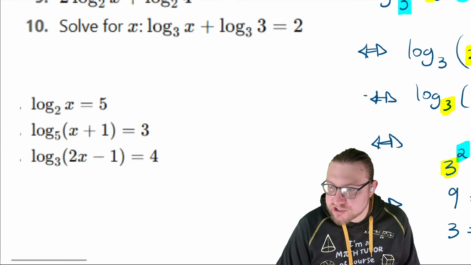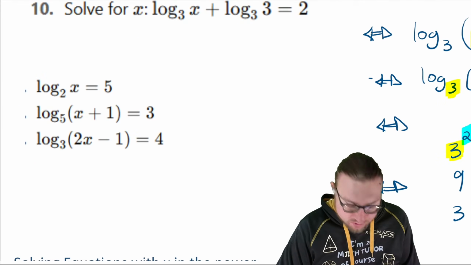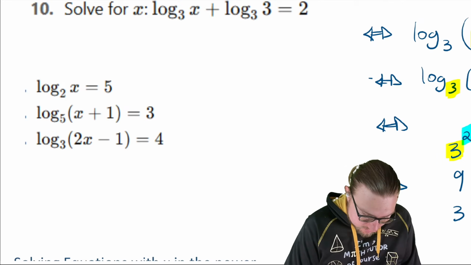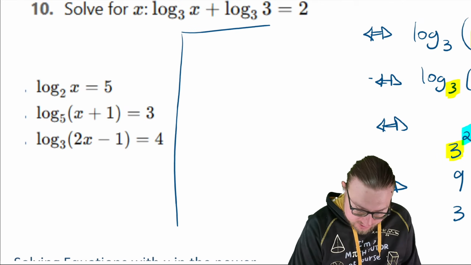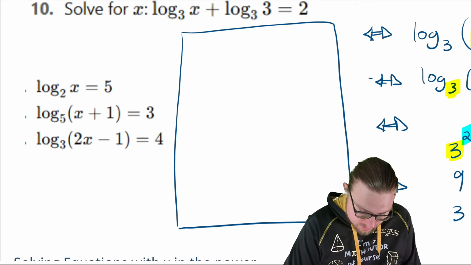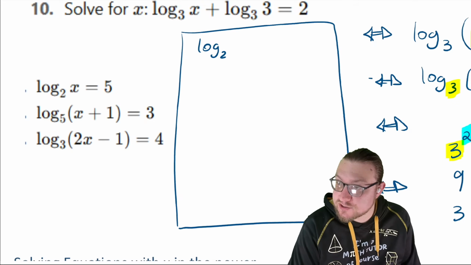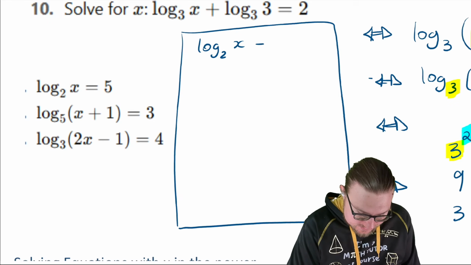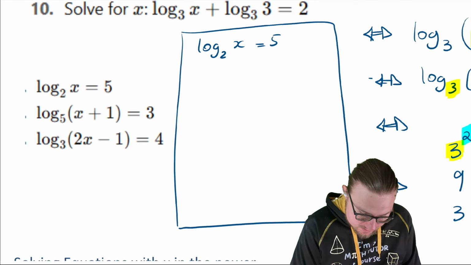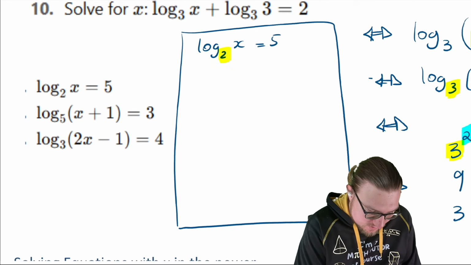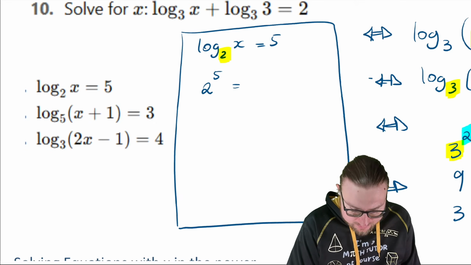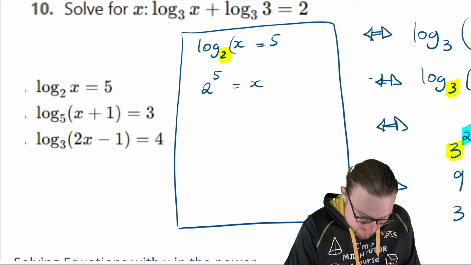There's a couple more questions where you have to use this rule, changing over. So we could do this top one real quick. So we have log base 2 of x is equal to 5. Again, 2 is the base, so let's write that down. The opposite number is the power, and then equal to whatever is in the brackets.